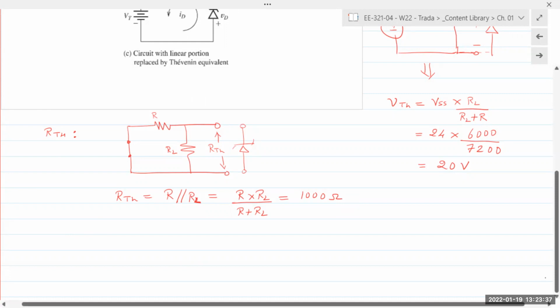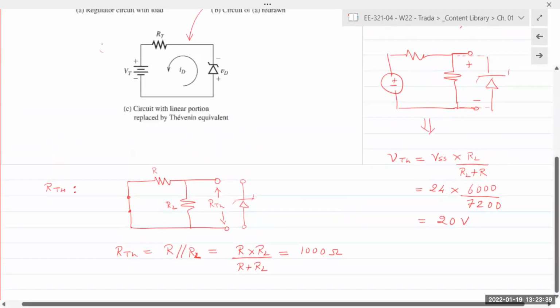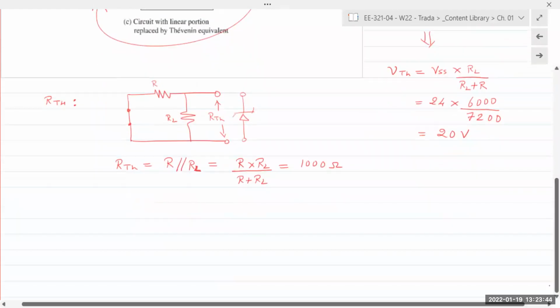So if I write KVL in the circuit, in C, or circuit number C, I get VTH plus RTH times diode current ID plus the diode voltage gives me 0.